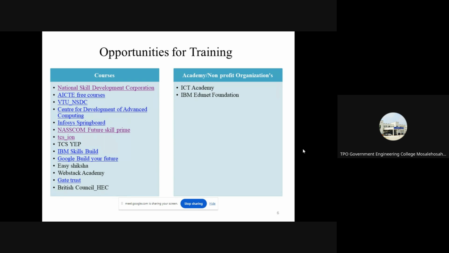In addition to these courses, there are some academies and non-profit organizations. For example, in both GEC Hassan and GEC Mosale, we are closely working with ICT, and we have EduNet Foundation, through which these people become the interface between the companies providing CSR initiatives and the institutes.